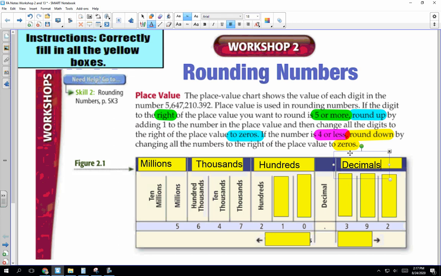You can find this in your textbook. It's on page 5. Okay, from the decimal, the numbers on this place are the ones. Let me capitalize it.